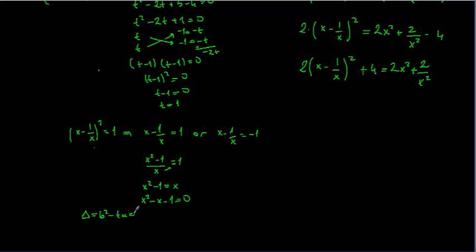I'm going to apply this one, and I'm going to see that delta is equal to minus 1 squared minus 4 times a, which is equal to 1, and c is equal to minus 1, which is equal to 1 plus 4, which is equal to 5.